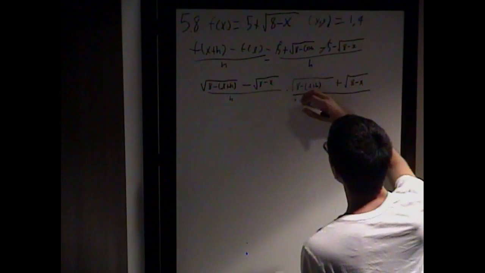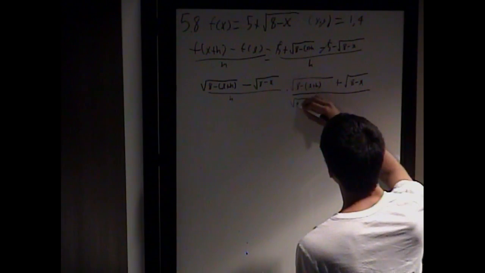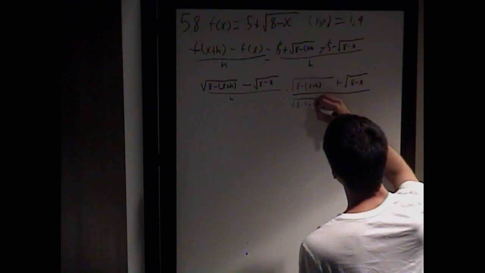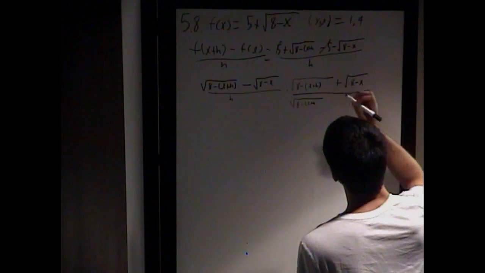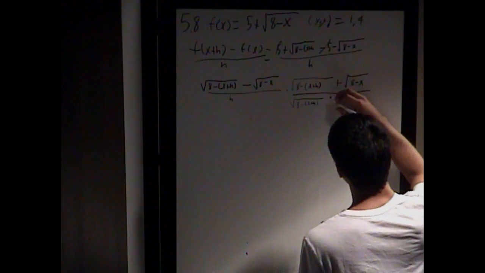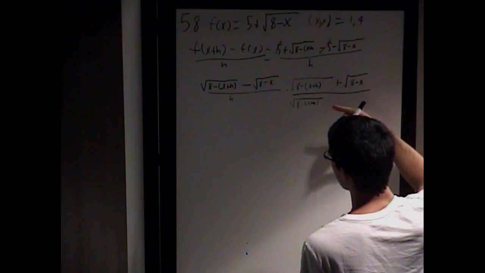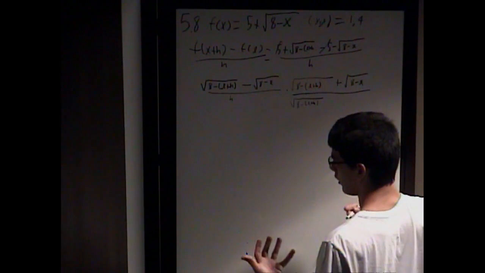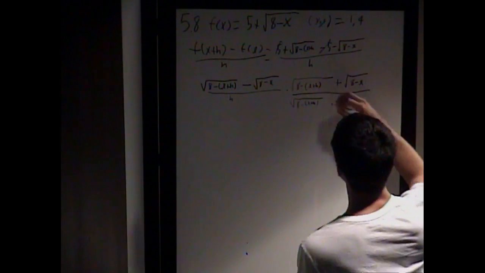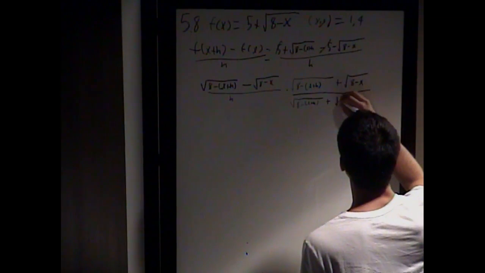And we're going to repeat the same pattern on the denominator, because all we're doing essentially is multiplying by 1. And so that theoretically doesn't change the actual function. All we're doing is showing it in a different format.